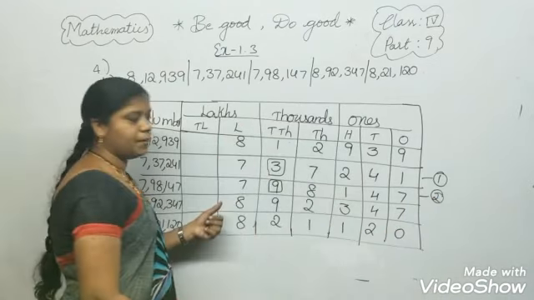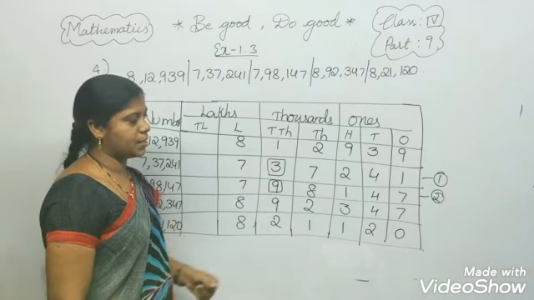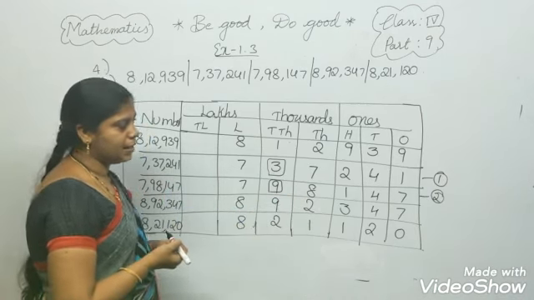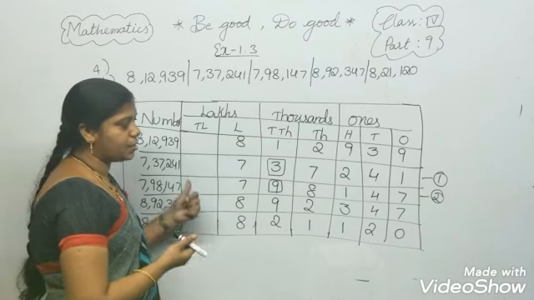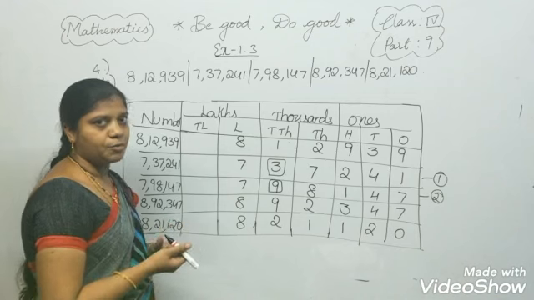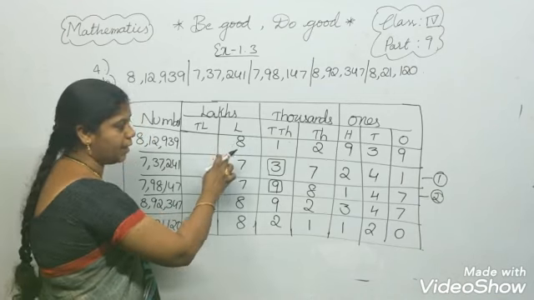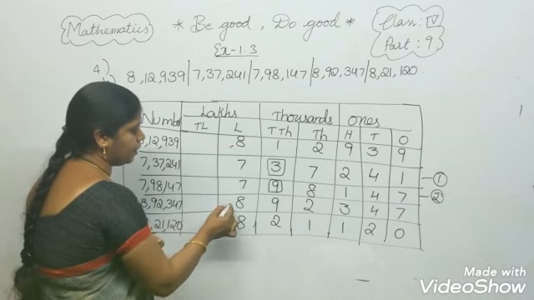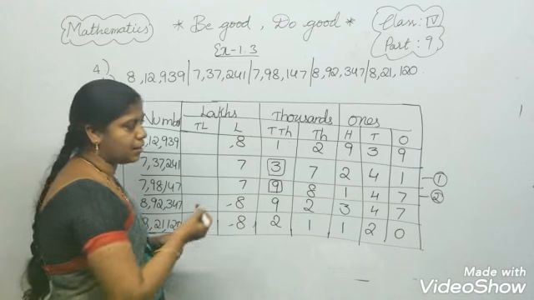The second smallest number is this number. And what is this number? It's 7,98,147. Is it clear? Now 3 numbers are left. In these 3 numbers, which number do we have to write third? For that, again check the highest place. Here 8, here 8, and here also 8. So we cannot specify which is the third smallest.